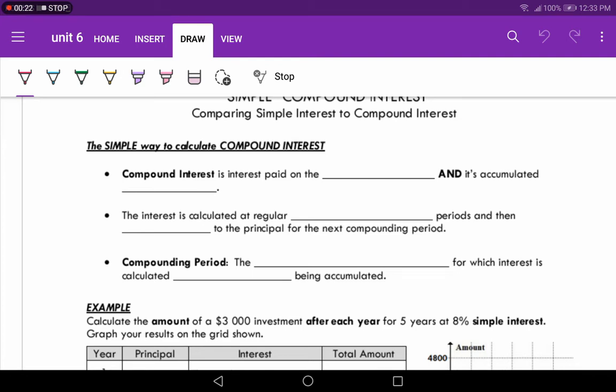So compound interest is interest paid on the principal and its accumulated interest.